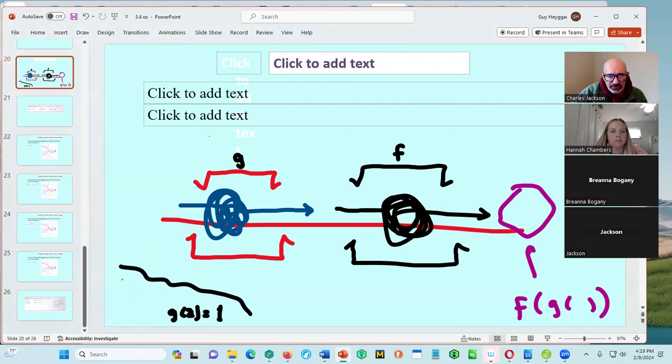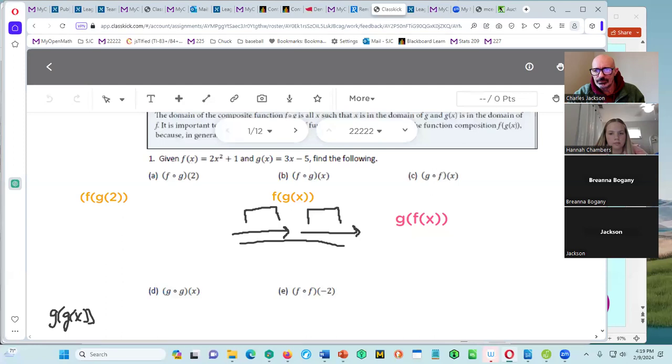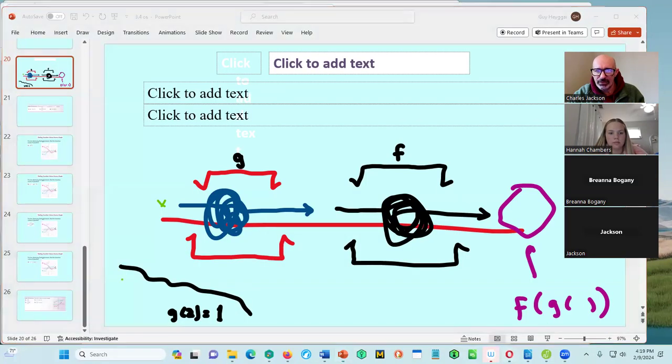It's just x. And what does g do with x? Well, it makes it into, what was it, 3x minus 5. So it takes an x, makes it into 3x minus 5.